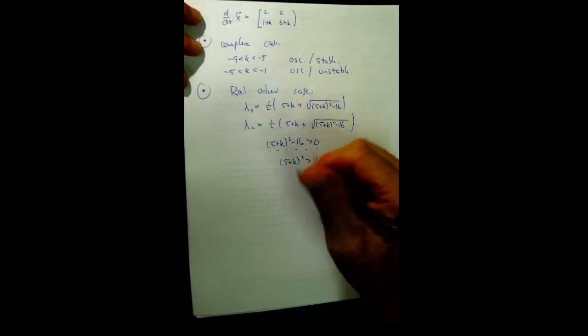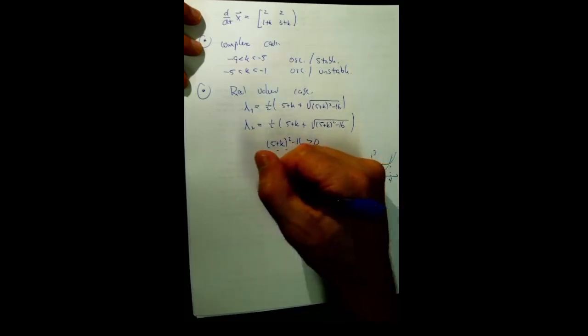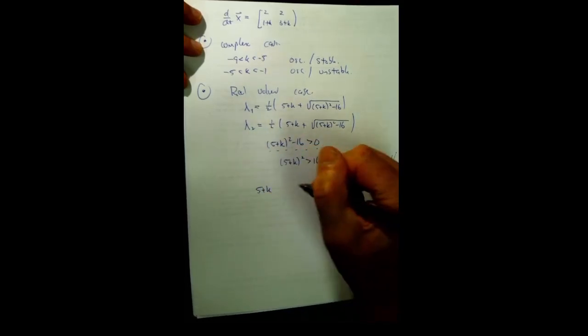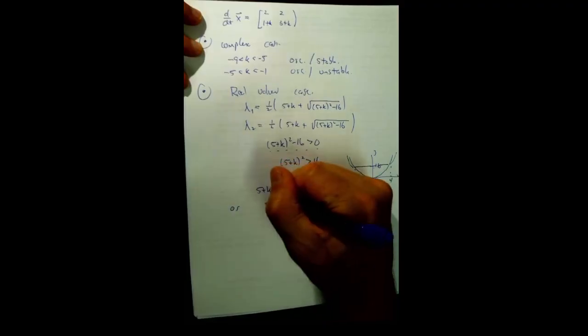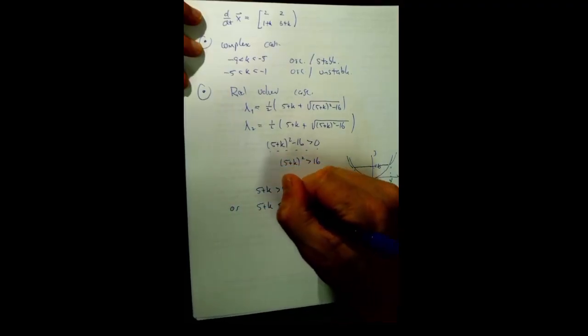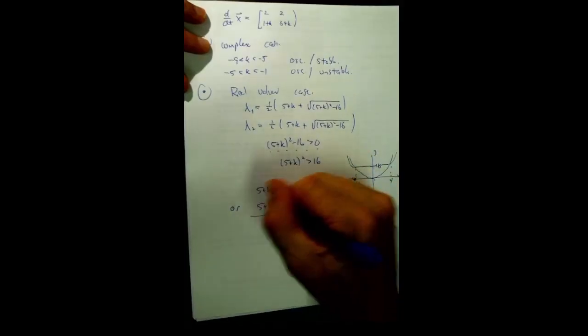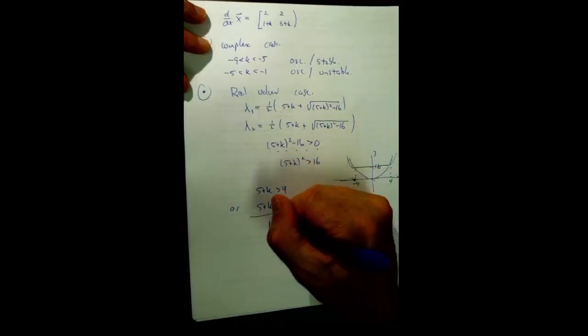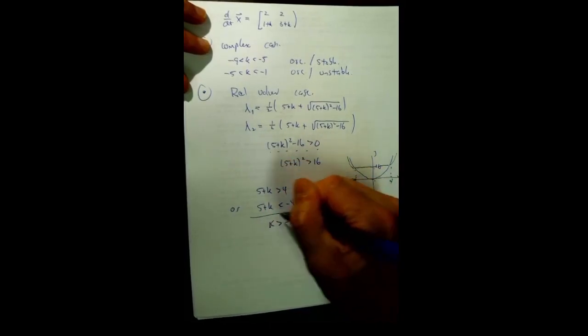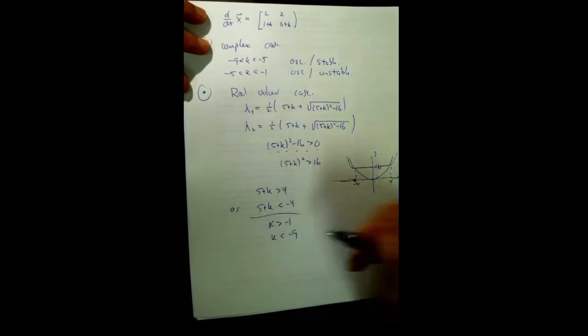So this implies that either 5 plus k is greater than 4 or 5 plus k is less than minus 4. Right? And so now taking this expression, k has to be greater than minus 1, and this one says that k is going to be less than minus 9.